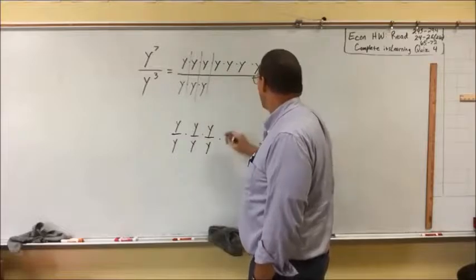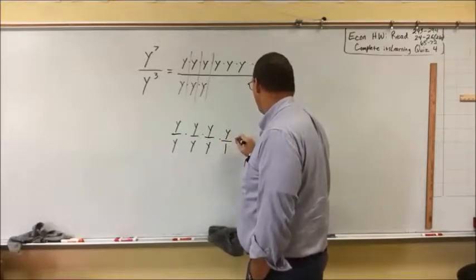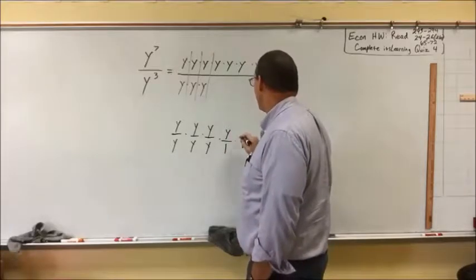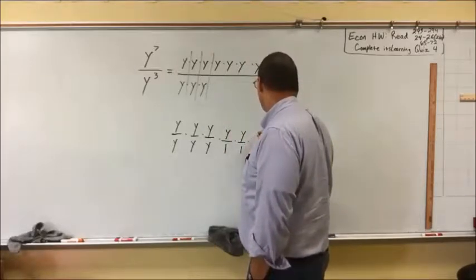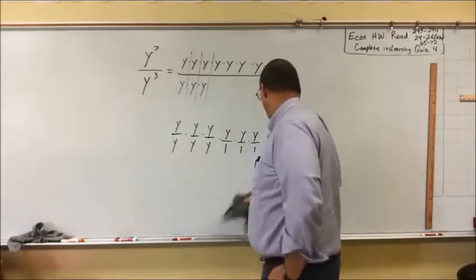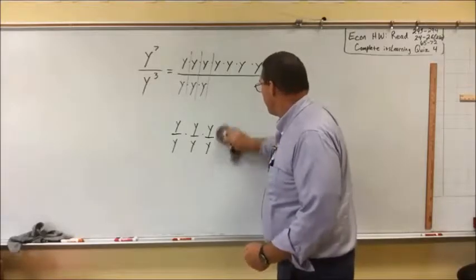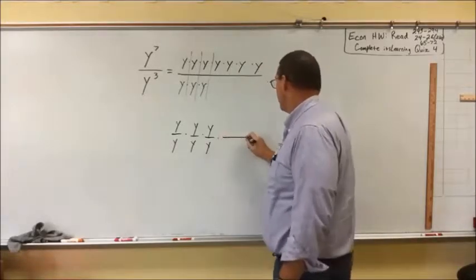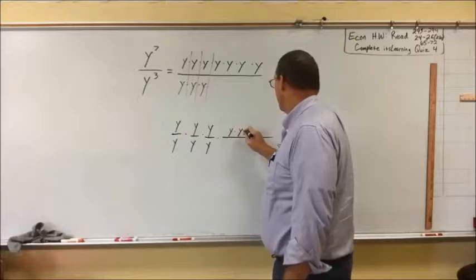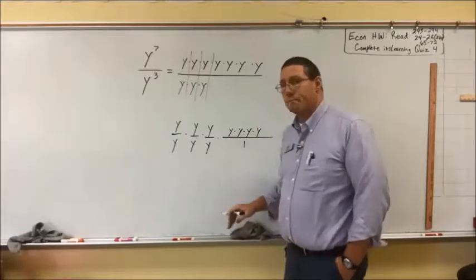Times 4 more y's, and this is all going to be over 1. See, now we can just multiply a bunch of 1's here. Times y over 1 times y over 1 times y over 1. Now, to make it a little bit easier, we could just say times y times y times y times y, and then put all that over 1.